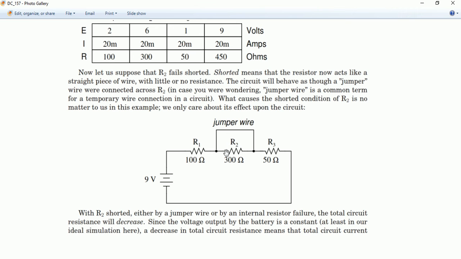So that resistance vanishes. If the jumper wire comes in parallel with any resistance, that resistance's effect is diminished and we get a short circuit here. So this is basically a short. In that circuit we would have a resistance of 150 ohm. This 300 ohm is removed from the circuit.